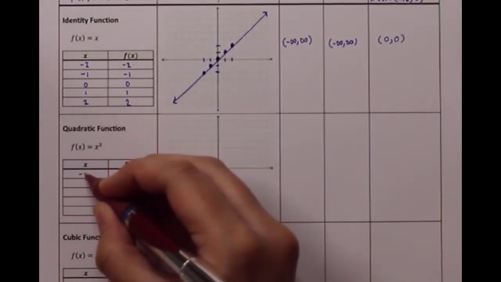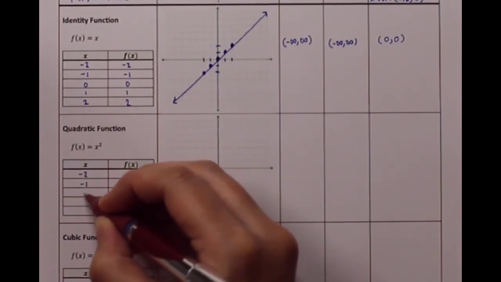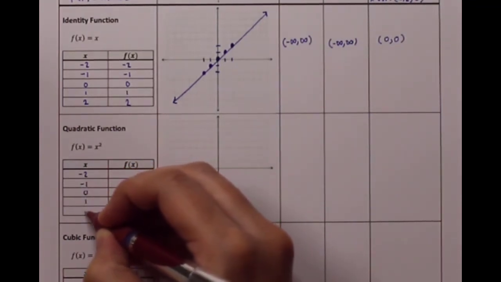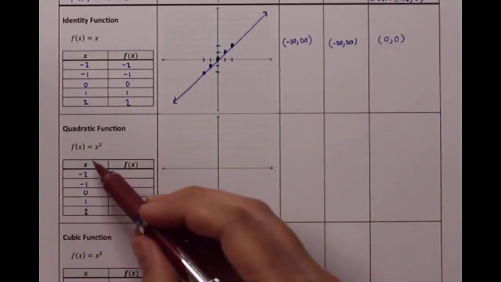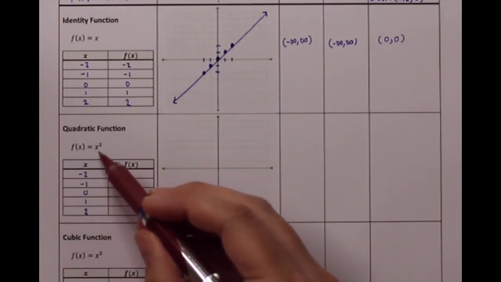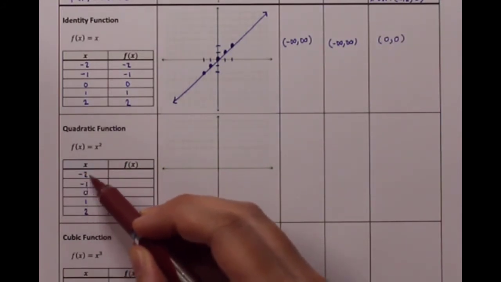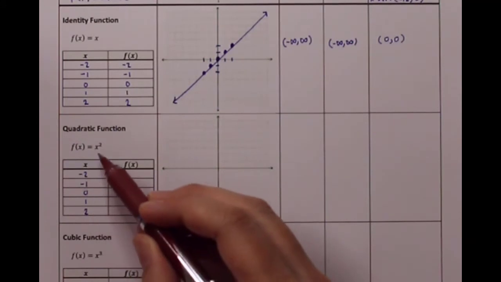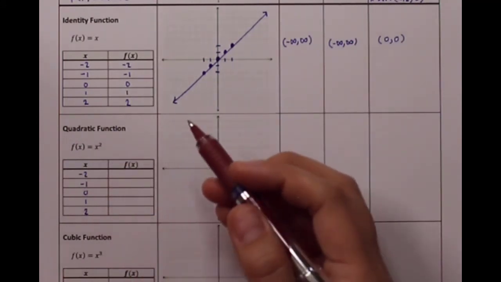So I'm going to pick the same 5 x values I picked on the last one, and let's plug those in. So -2 squared, be careful because you would plug in -2 to include the minus sign in for x, and whenever you substitute you should use parentheses.